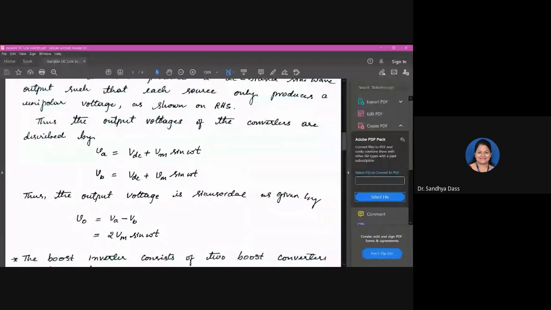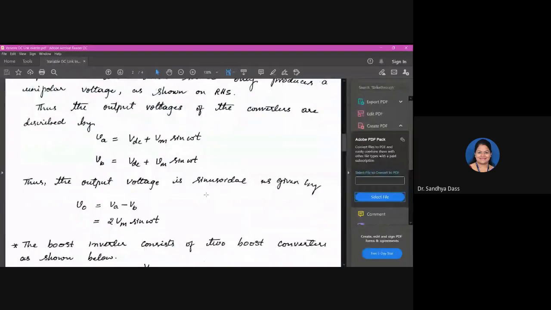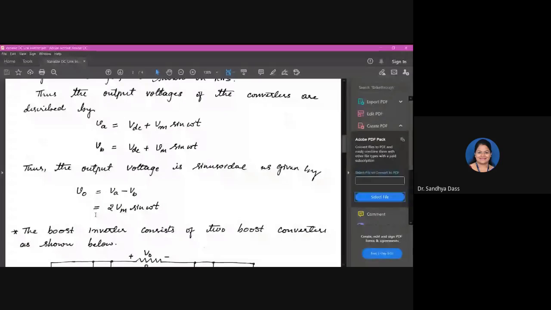So the output voltage is sinusoidal, which can be given as VA minus VB, so you will be getting 2Vm sin omega t. Using this basic principle, we can understand the variable DC link inverter, that is the boost inverter.